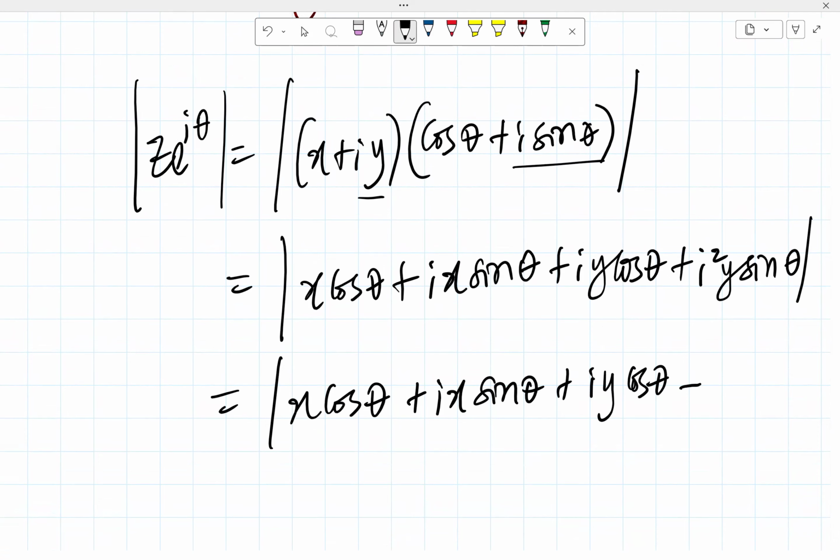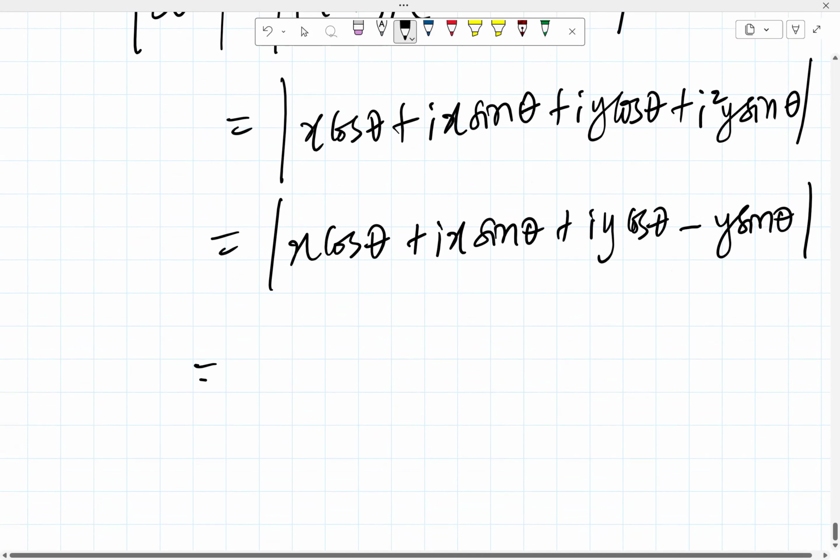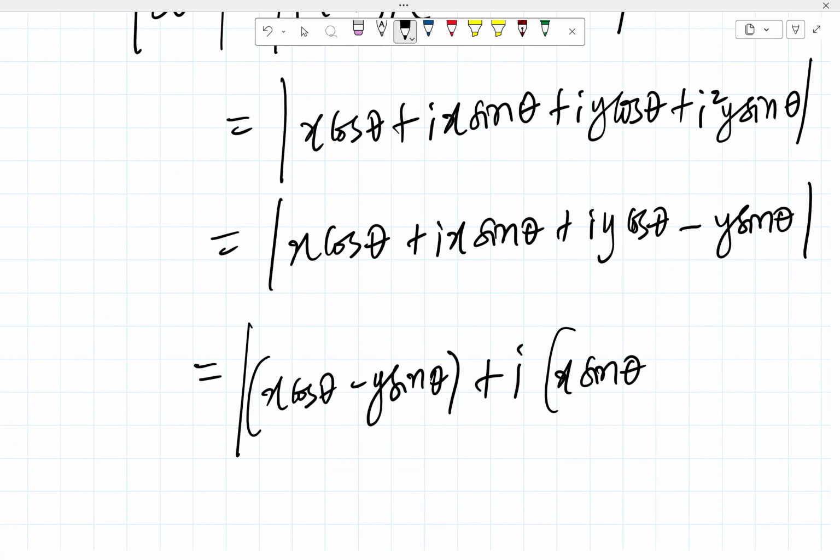i squared is minus 1, so that's minus y sine theta, like this. If you put the like terms together, we have the absolute value of x cos theta minus y sine theta plus i, which is common here, into x sine theta plus y cos theta.